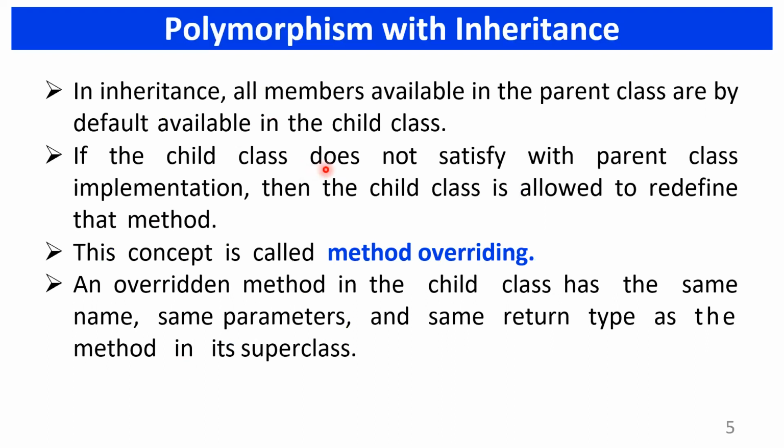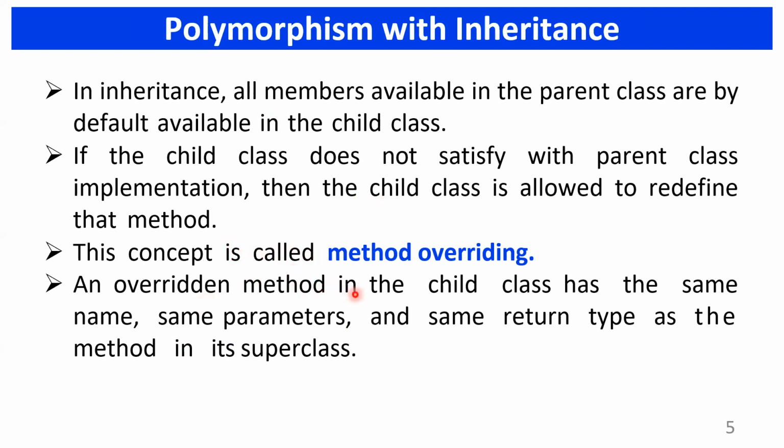If the child class is not satisfied with the parent class implementation, then the child class is allowed to redefine that method. So by default, all the members will be inherited, and if the child class is not satisfied with the inherited method from the parent, it can redefine its own method. This concept is called method overriding.